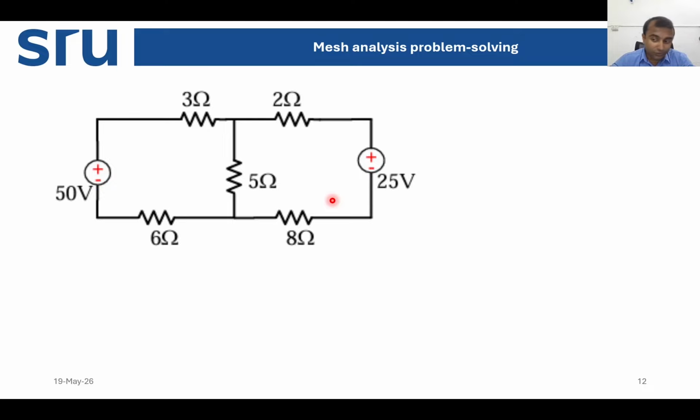If you put the nodal analysis problem and this mesh analysis problem side by side, that will be much more important for your understanding of the techniques: some problems can be solved by an easier method, some problems cannot be solved by the same method, and some problems can be solved in quick time by a particular method. That's why we are taking different kinds of techniques.